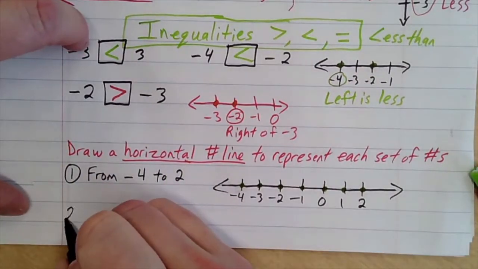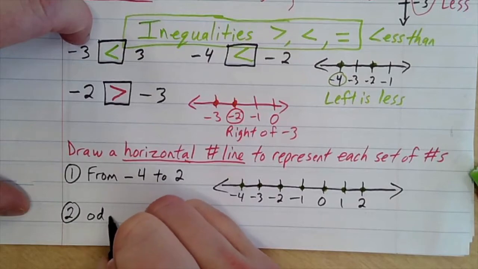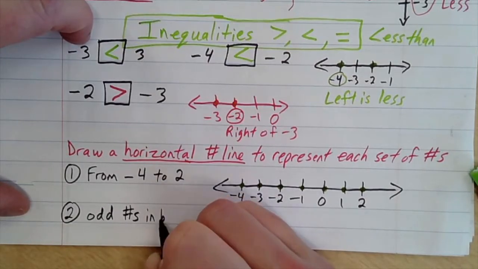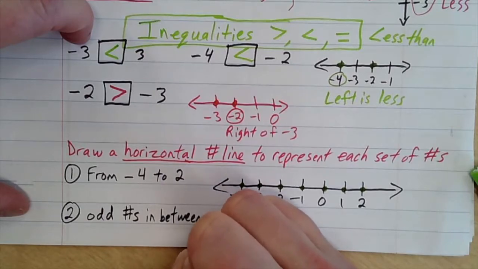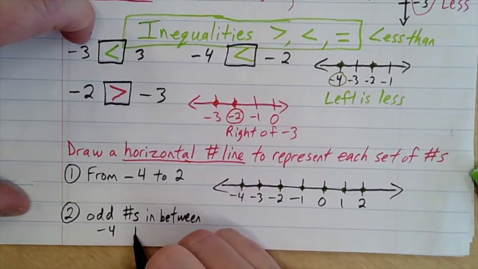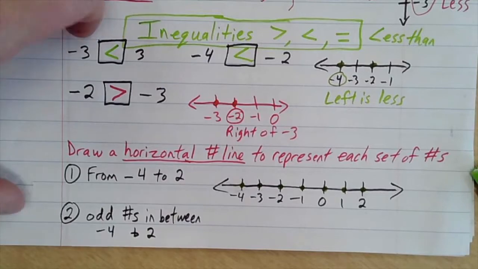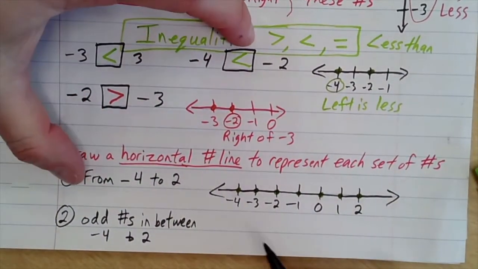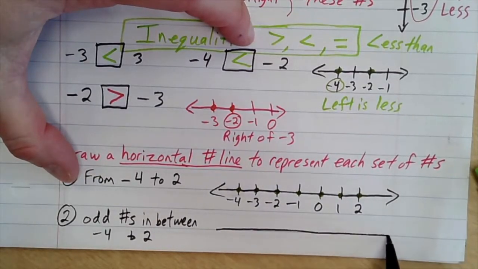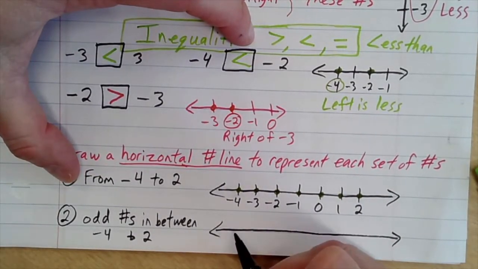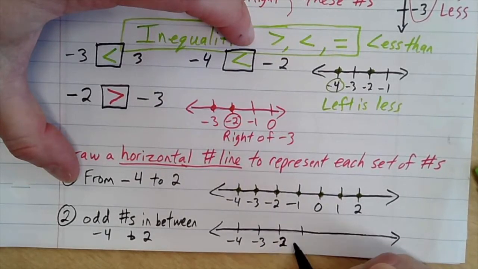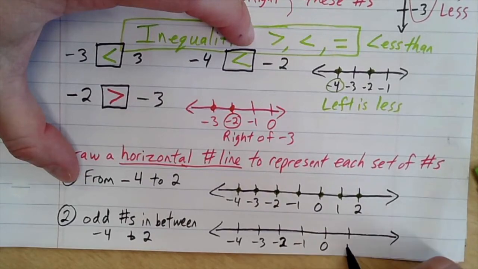The second example says odd numbers that are in between -4 and 2. So how does this change when I'm drawing this number line here? Well, it's only the odd numbers, so you need to know your odd numbers. You still have to put all of these on the number line. You can't just skip around 0, 1, 2.